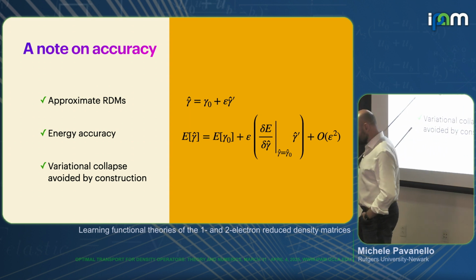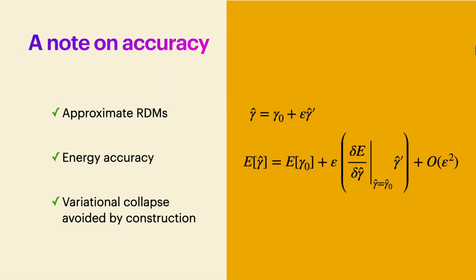If you don't impose correct n-representability conditions, you would inevitably find energies that are below your variational minimum, and that's a problem.